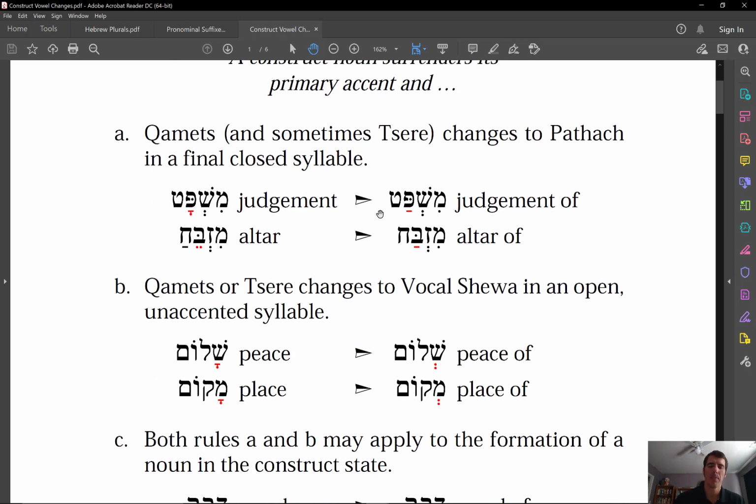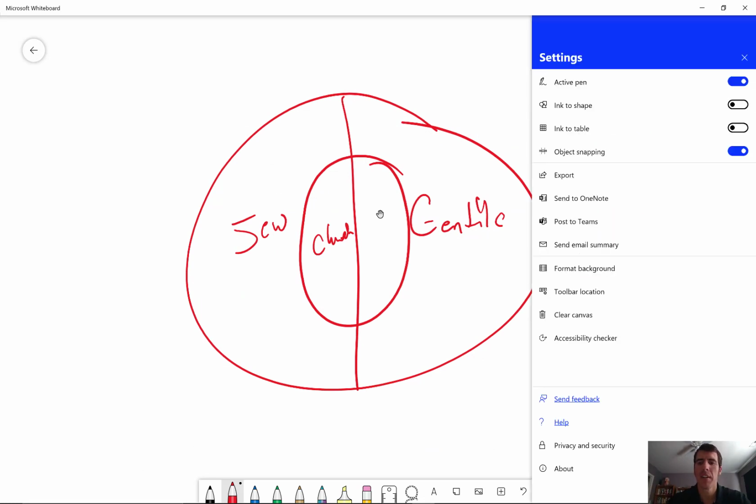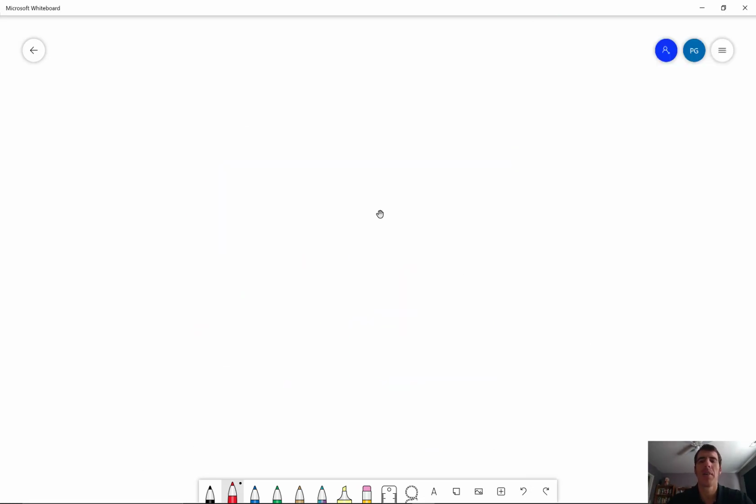And so for the construct vowel changes, we've gone over this before, but I just want to reiterate it. The typical, in fact, I'm going to do a whiteboard here. So the typical way that I describe Hebrew vowel changes as how they work is that you have the standard vowels like melech, for example.